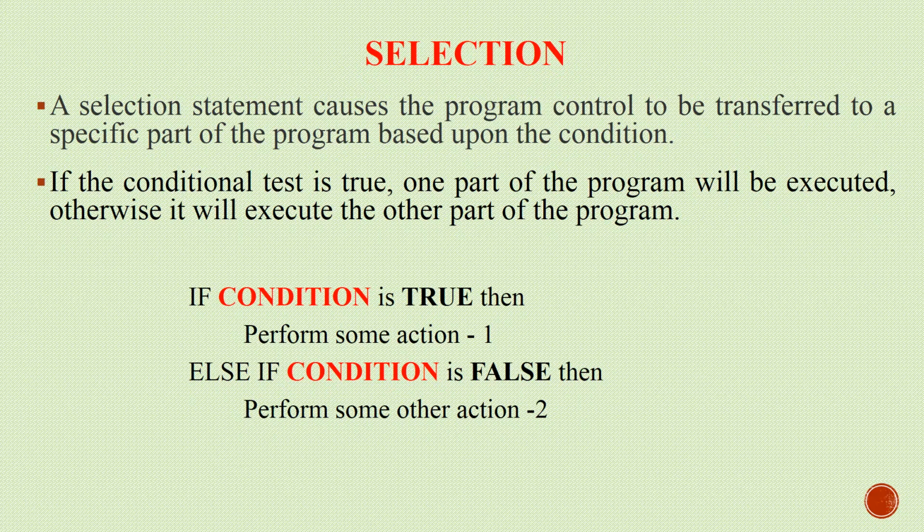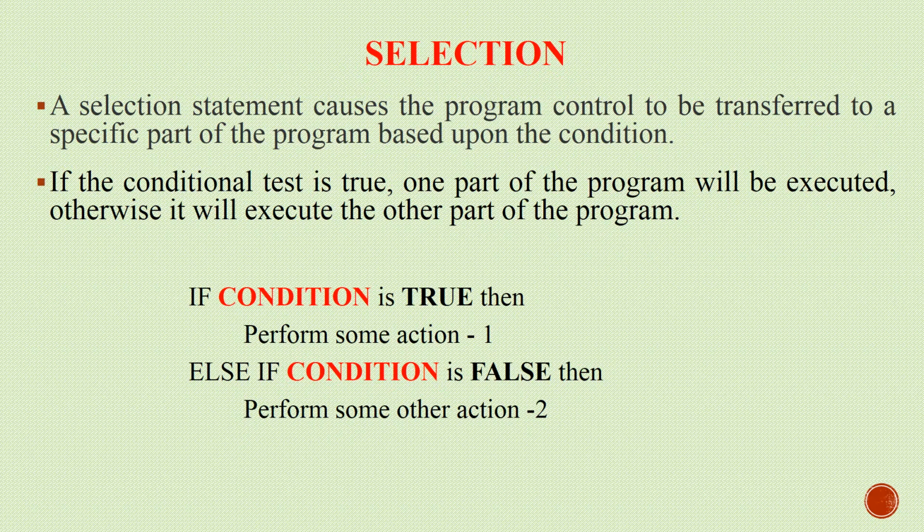So for many reasons, using our intelligence, we select. In selection, a statement is made to undergo a point where a condition is checked. Based on the output of the condition, either a particular part is executed or another part of the program will be executed. So let me make it clear this way.